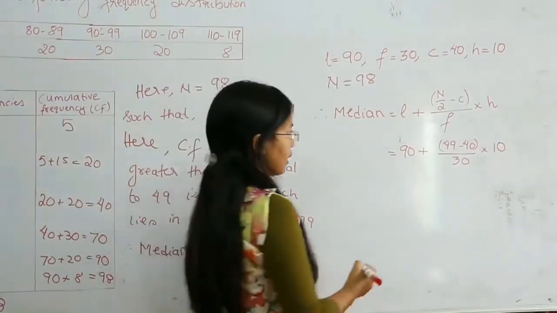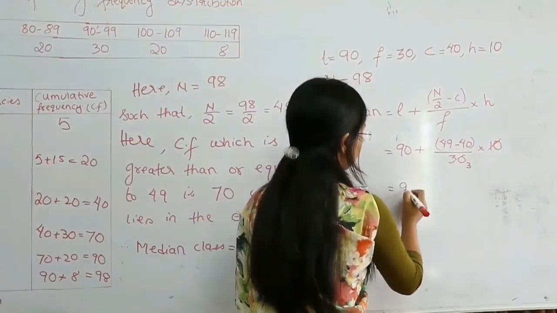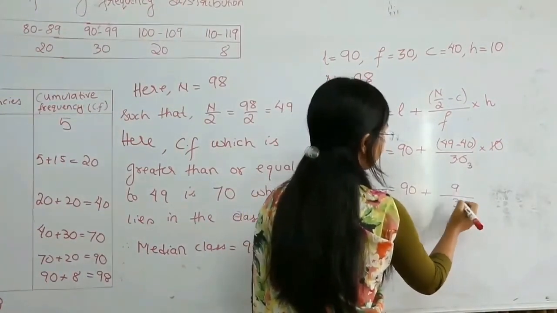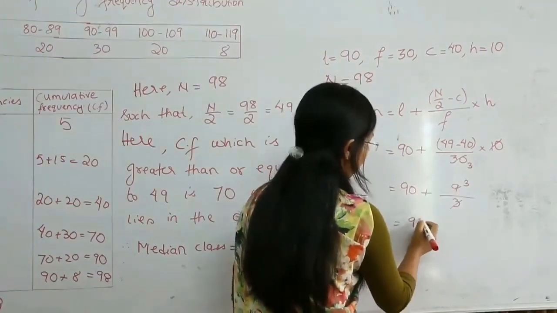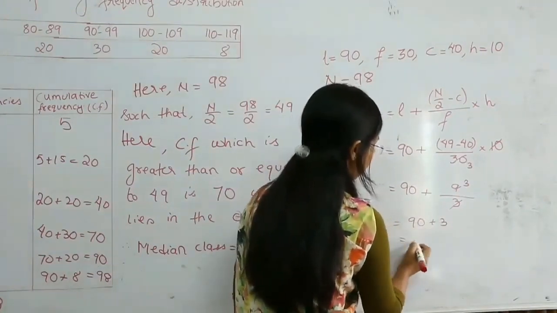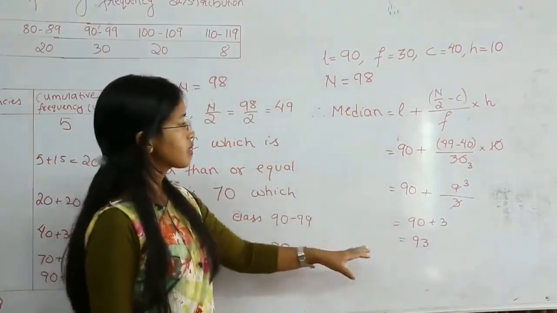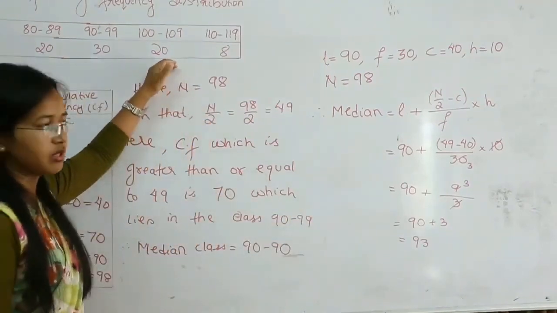Here 10 can cancel with 30, then 49 minus 40 is 9 by 3, and 3 into 3 is 9. So you will have 90 plus 3 equal to 93. Right. So this is our median of the given frequency distribution.